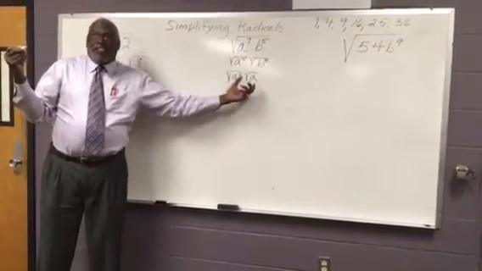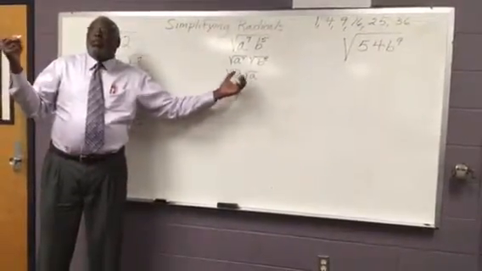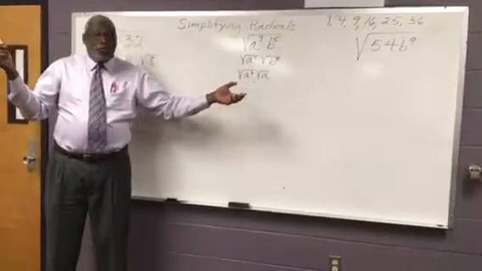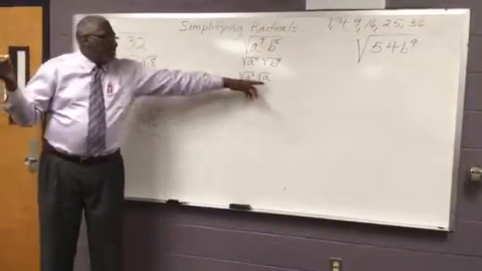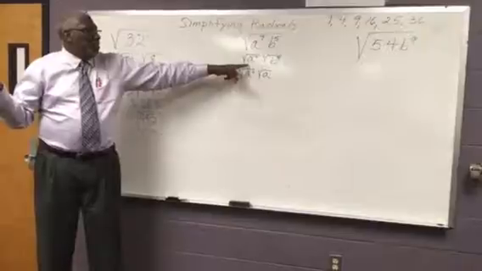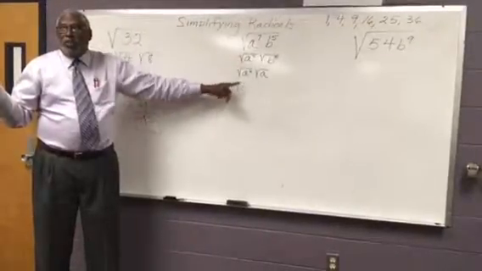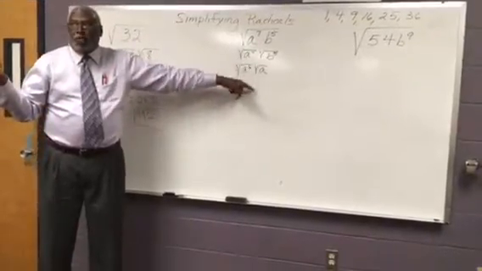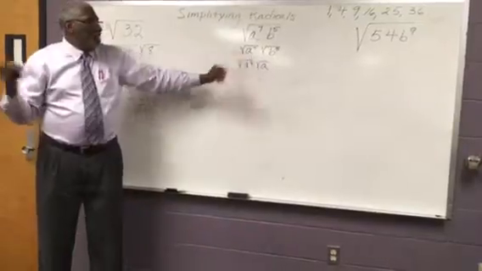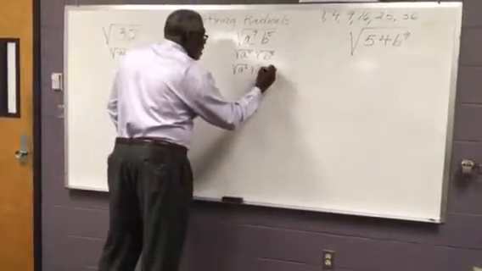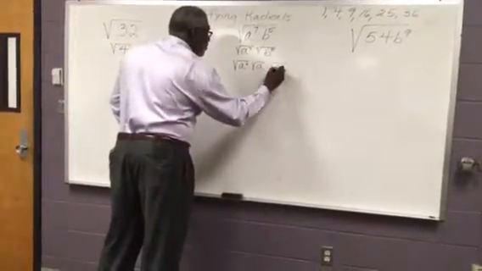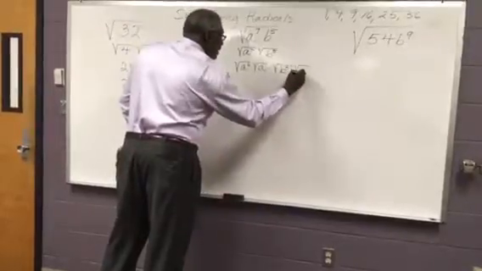They act just like the numbers do. The radicals respond the same way. So a to the 6th times a to the 1st gives me a to the 7th. Square root of a to the 6th times square root of a gives me square root of a to the 7th. Now I'm going to do the same thing with b to the 5th. So that'd be b to the 4th times b to the 1st.